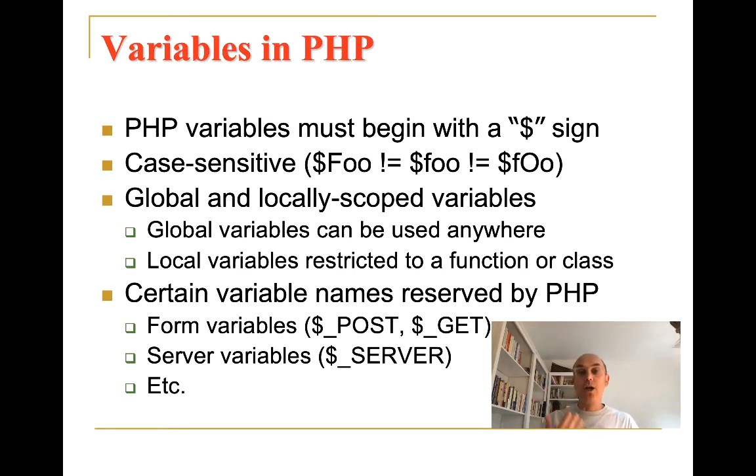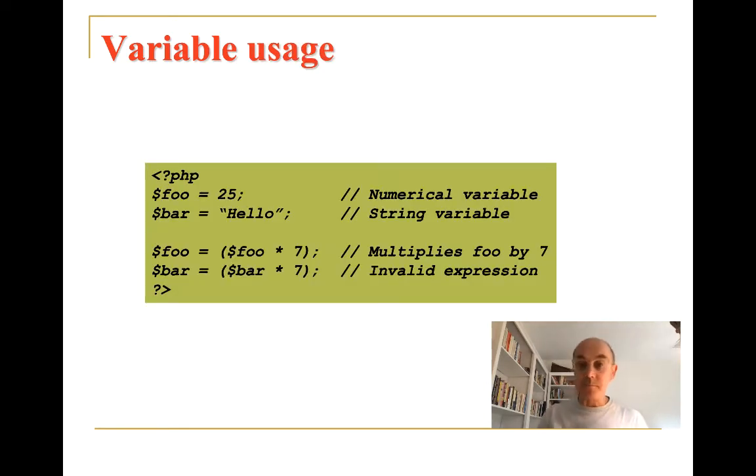When you use $_POST or $_GET, it will always get it. And then there is the issue of communication with the server variables. It's $_SERVER, with an underscore, and it usually goes like that.